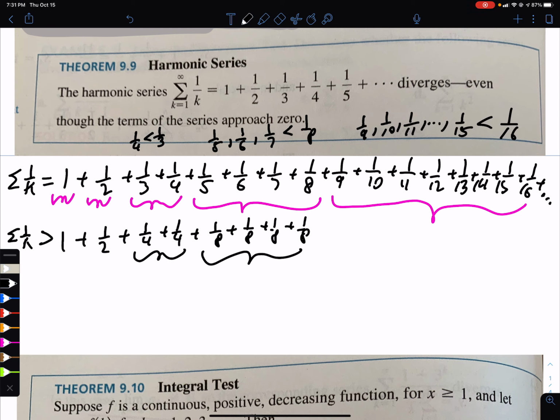I actually think I went the wrong direction. Let me see if I'm doing that right. Those are bigger, huh? Because the denominators. Okay, let me back up. I need to switch these inequalities. I'm not even thinking right. It's getting late.